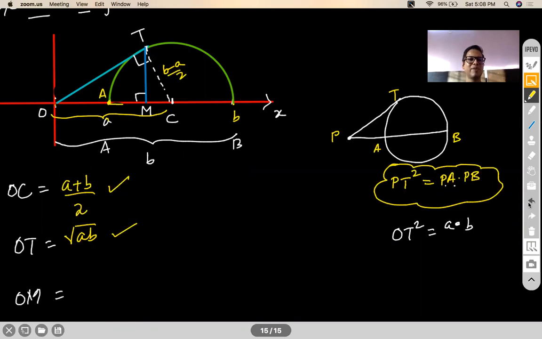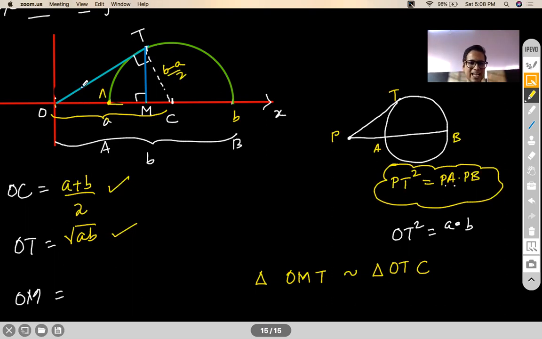All right. So for finding OM, let me discuss a small thing with you. Can I say the triangle OMT will be similar to triangle OTC? Would you agree with me or not?